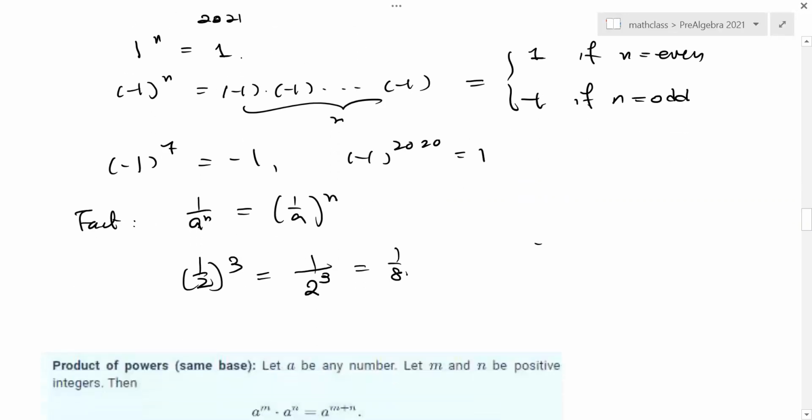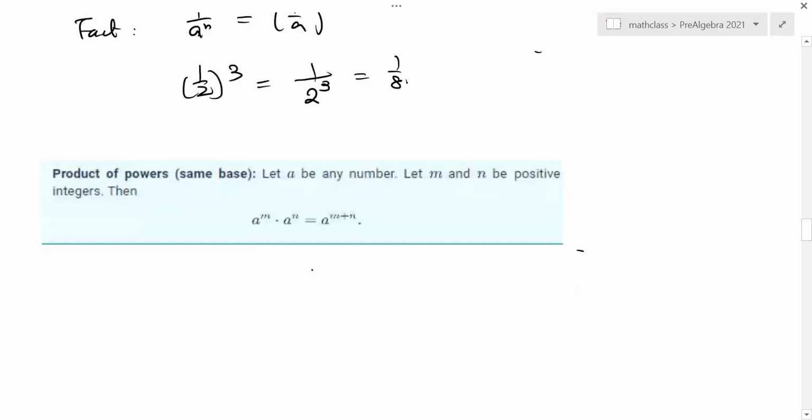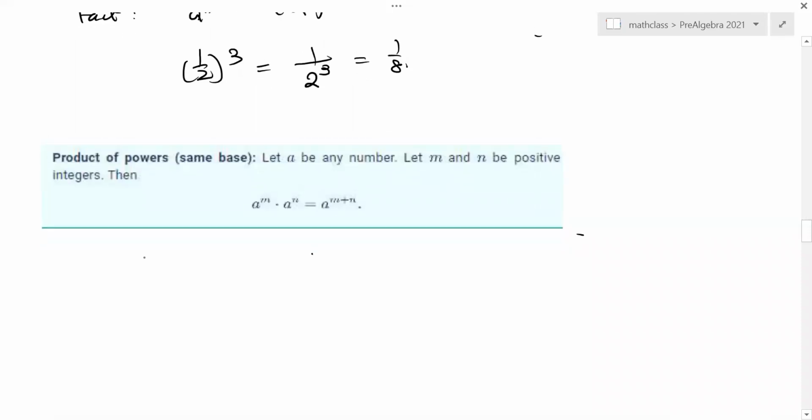Now let's mention the very important rule for higher exponents. Let's derive this formula using examples. a squared times a cubed. a squared is a notation for a times a, and a cubed is a notation for a times a times a.